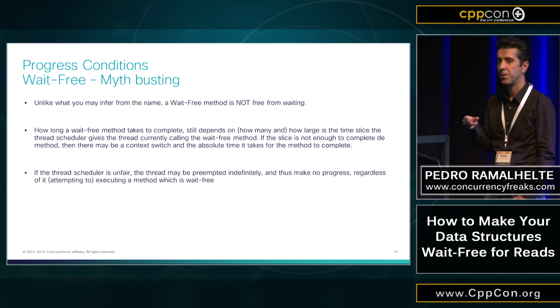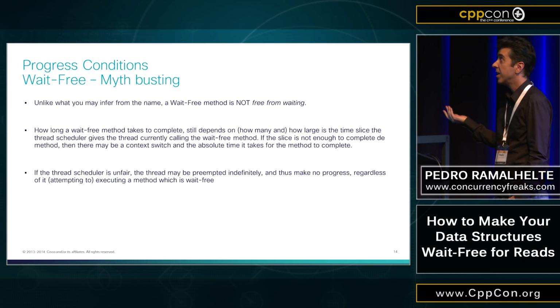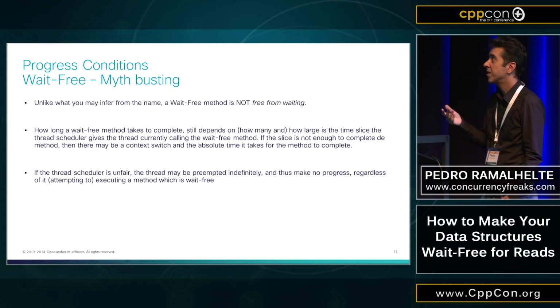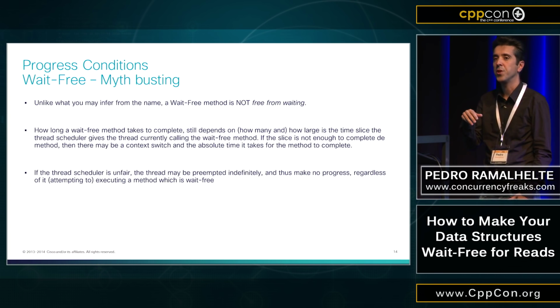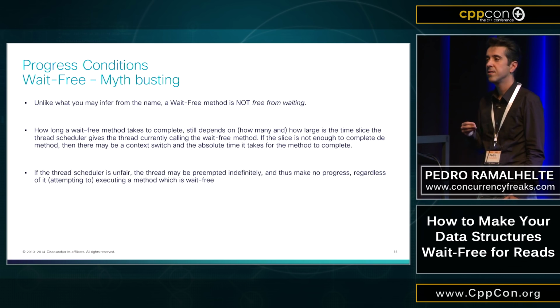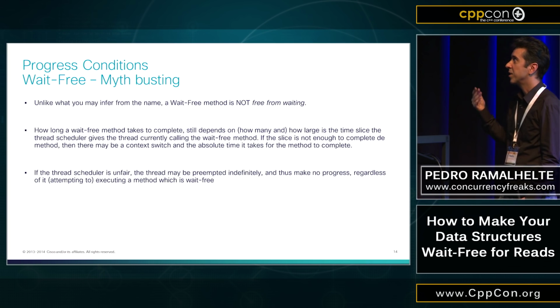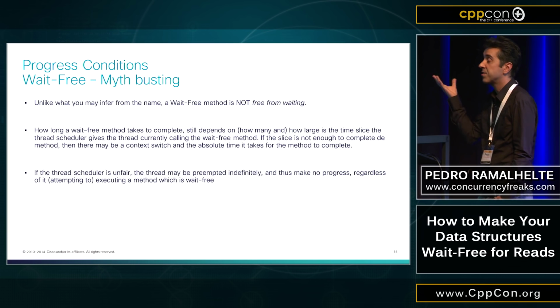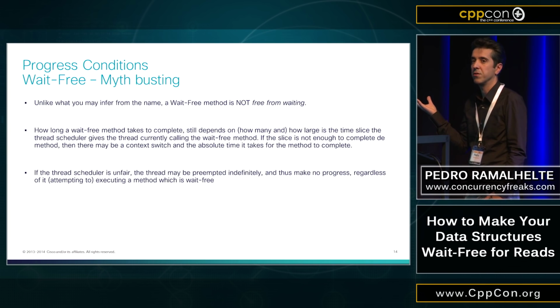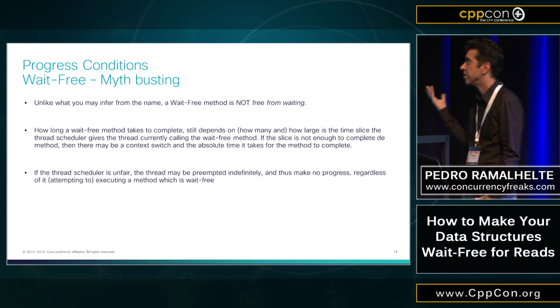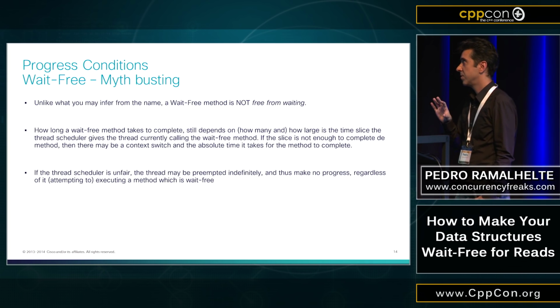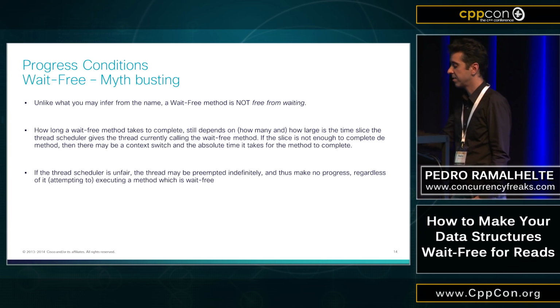If you're running on a low priority thread and you keep getting preempted by higher priority threads, it doesn't matter that you're running a wait-free method, you're never going to run, so it's never going to complete. So you cannot translate the wait-free progress condition directly into time unless you have some kind of guarantee from the thread scheduler that you're using, the task manager, whatever you want to call it. So wait-free and time is not immediately the same thing.